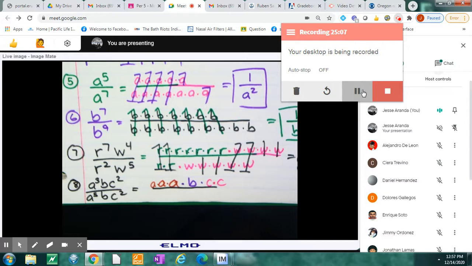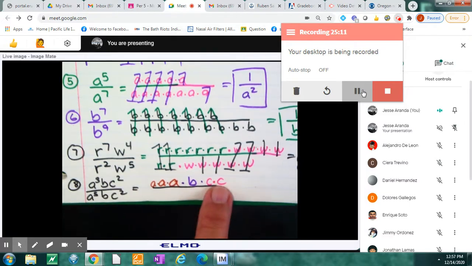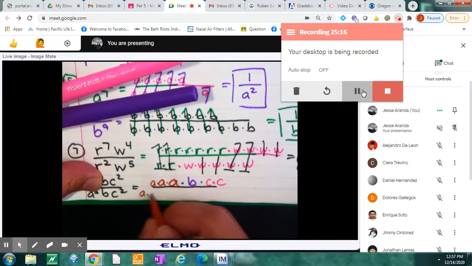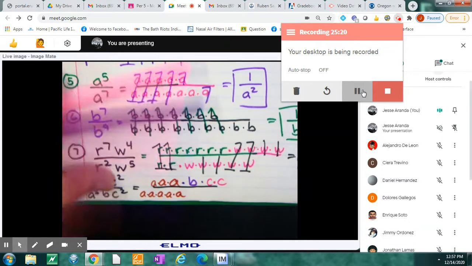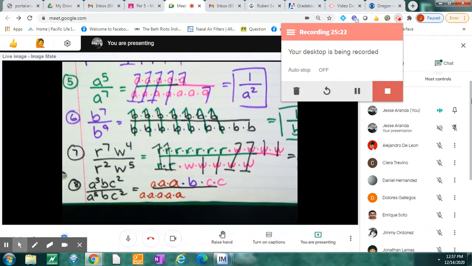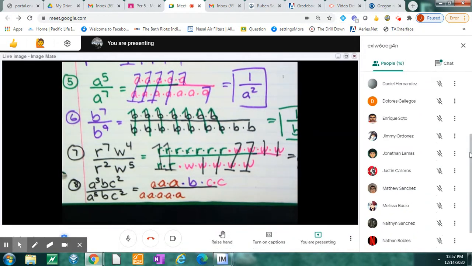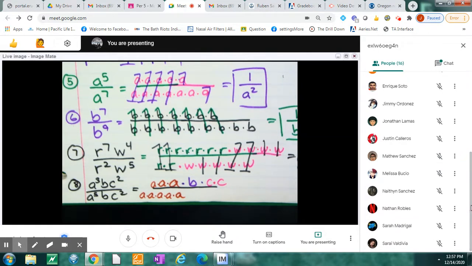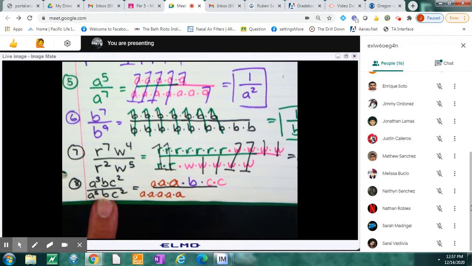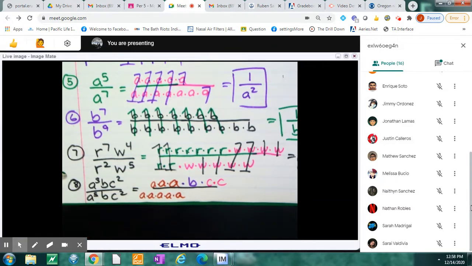So again, all you're doing is breaking it up. So A to the third, B times C squared. Now let's do A to the fifth. 1, 2, 3, 4, 5. Now for B, Sarai, how many B's am I going to write over here on the bottom?